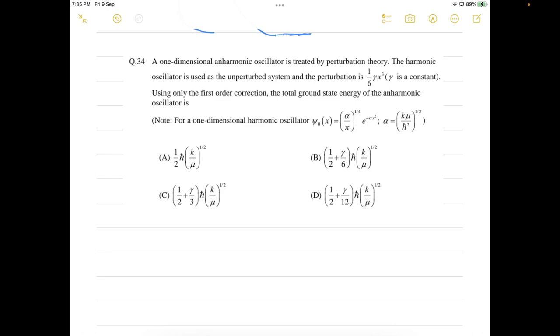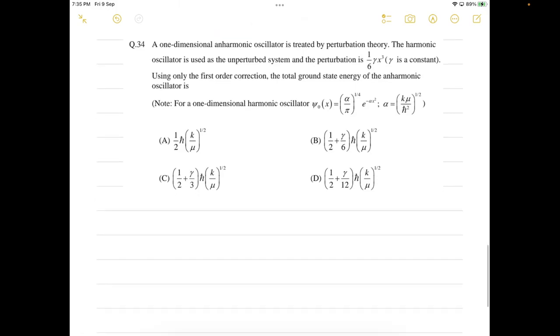The harmonic oscillator is used as the unperturbed system, and the perturbation is 1/6 gamma x cubed, where gamma is a constant. Using only the first order correction, the total ground state energy of the anharmonic oscillator is. Here the one-dimensional harmonic oscillator ground eigenfunction is given. Now we have to find the total ground state energy of the anharmonic oscillator.